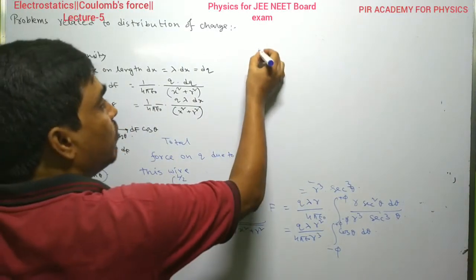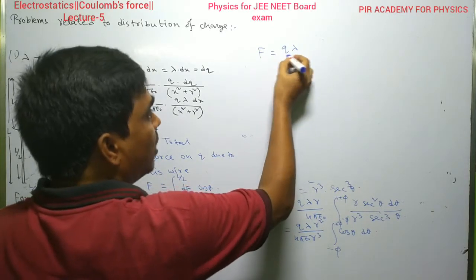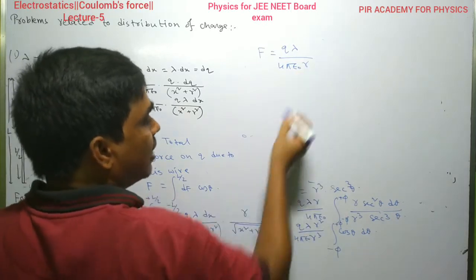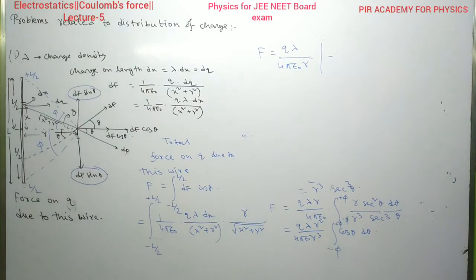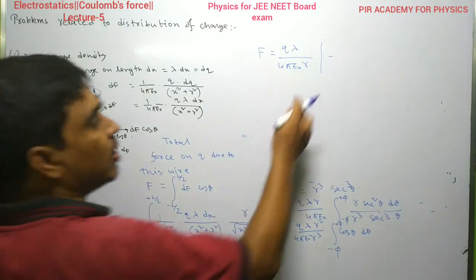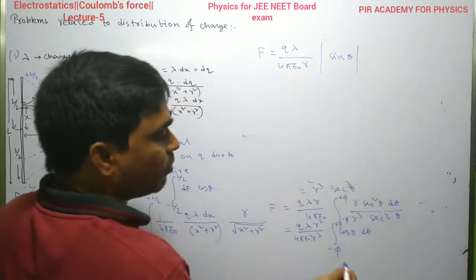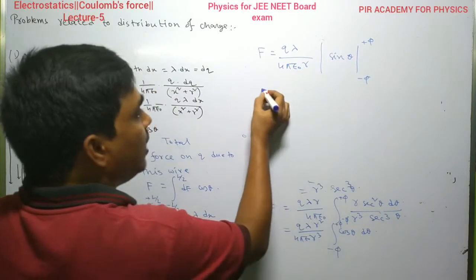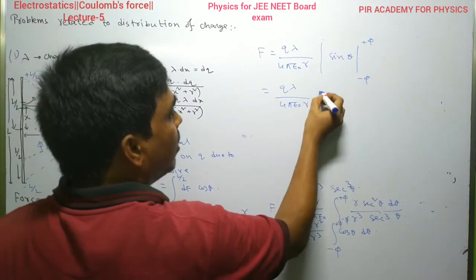So the total F will be Q lambda by 4 pi epsilon naught R, and the integration of cos theta will be sin theta, with limit minus phi to plus phi. If I put this limit, what will it be?